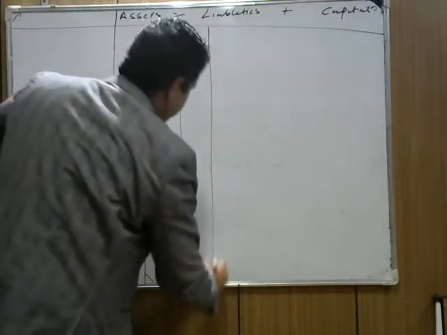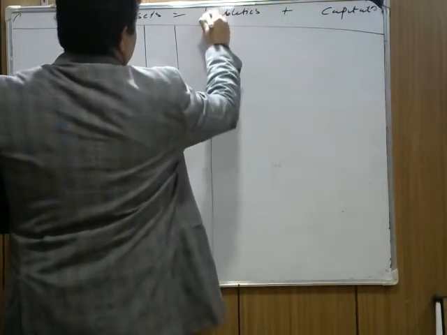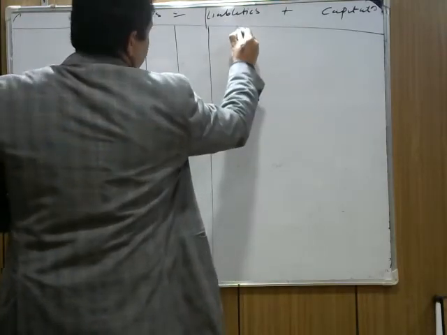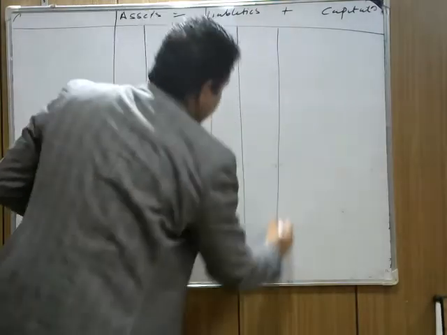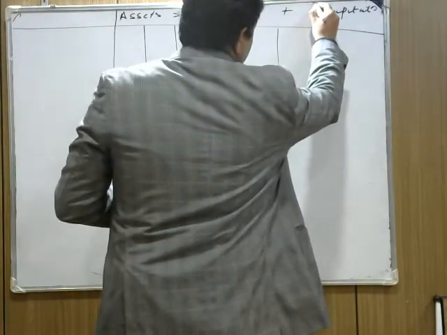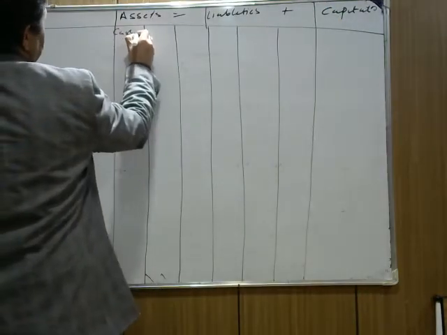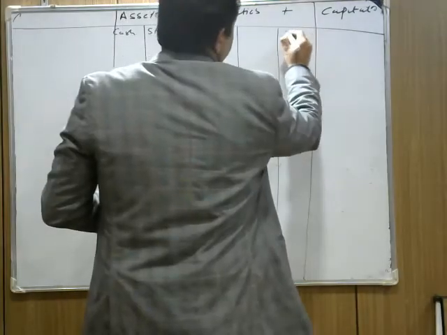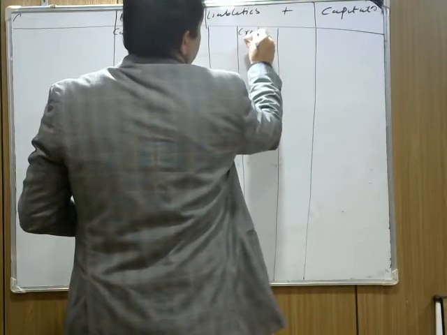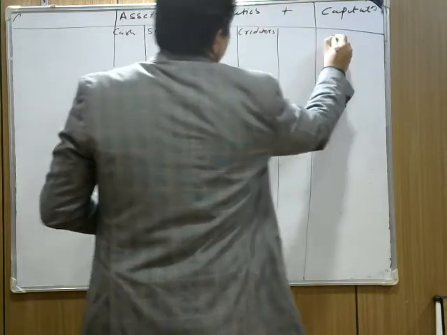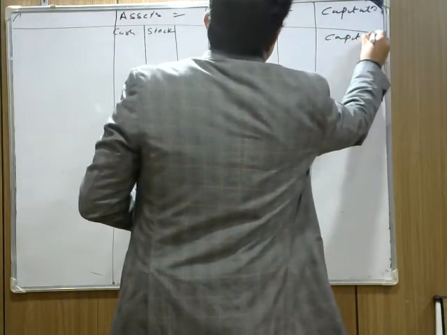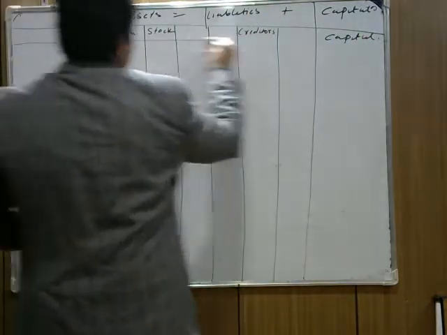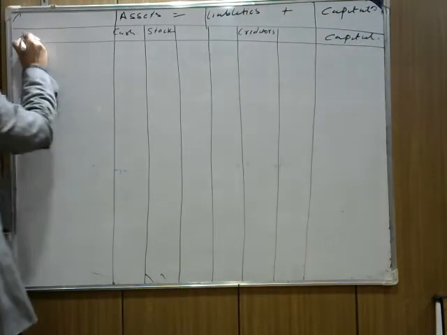One more column we make. Then here we write the liability side. We make two columns of liability sides and we write capital over here. First we write cash, we write stock, we write here creditors if there are any, then we write capital. And make the asset column so that as the transactions come, we can post. We write particulars over here.